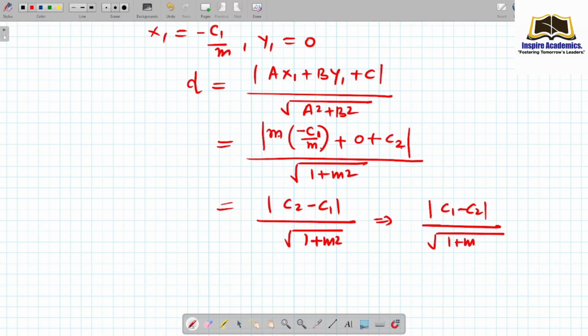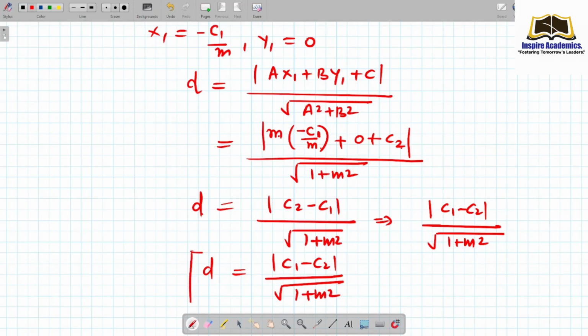Okay, it doesn't really make much of a difference. So what is my D? The D is C1 minus C2 upon under root 1 plus m square. Okay, so this is my distance.